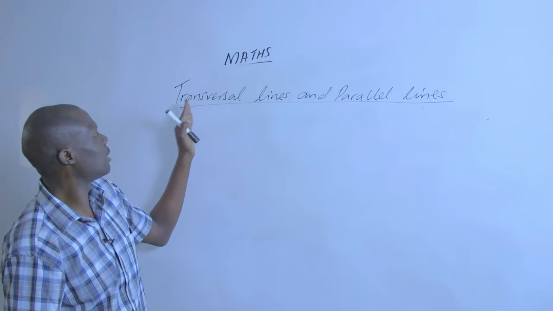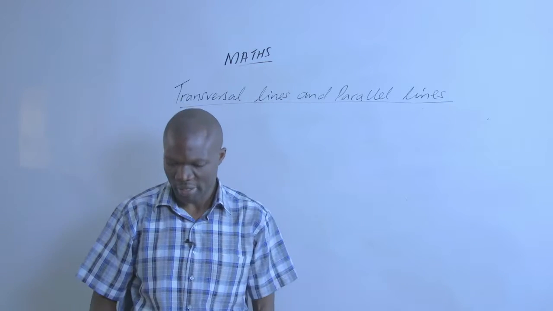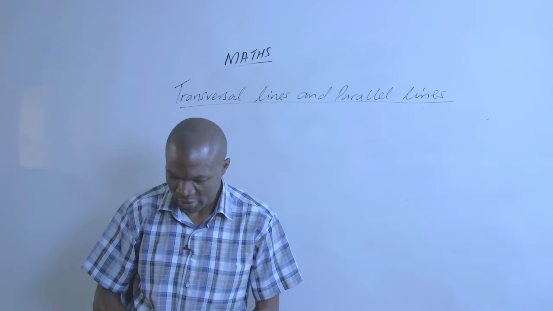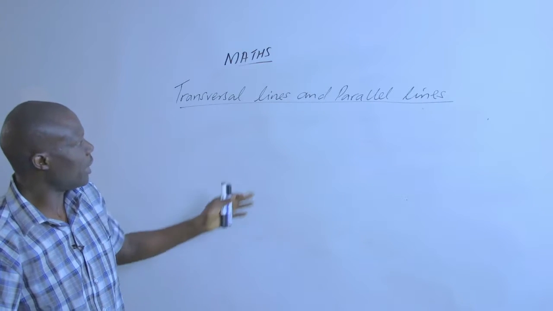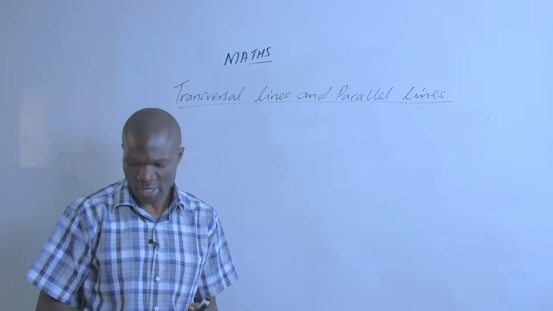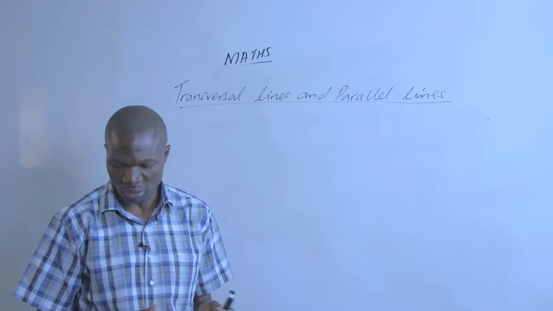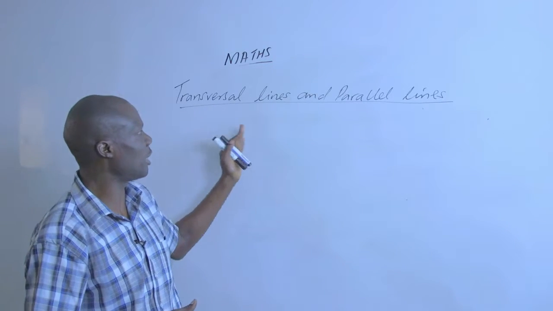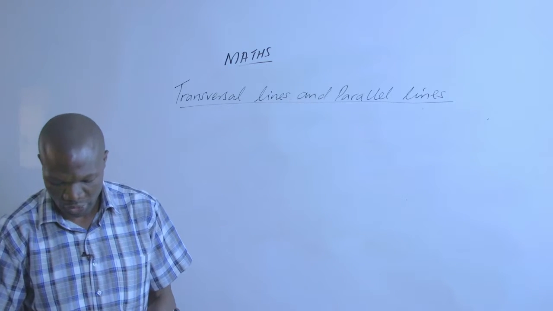Let us look at transversal lines and parallel lines. Now, a line is simply called a transversal when it cuts across other two lines. It can be two or more lines, but mostly when a line cuts across two lines, we call it a transversal line.